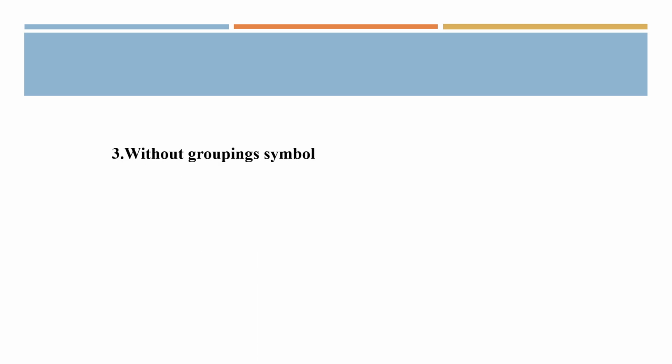Let's have another example. Expression without grouping symbol. 9 times 9 divided by 3 plus 9 minus 6. Look at the given expression.